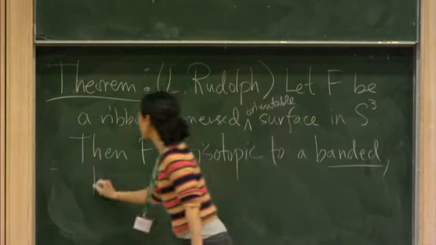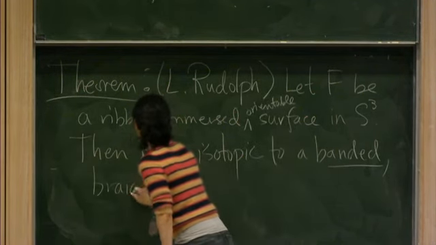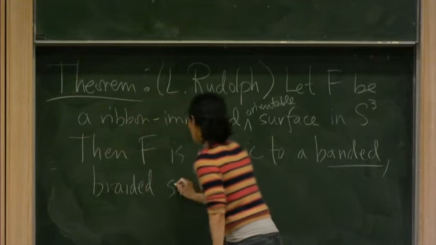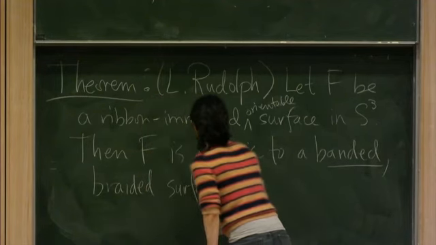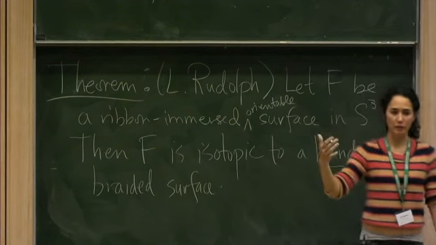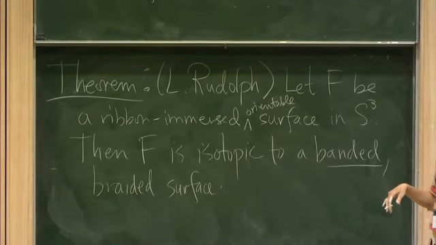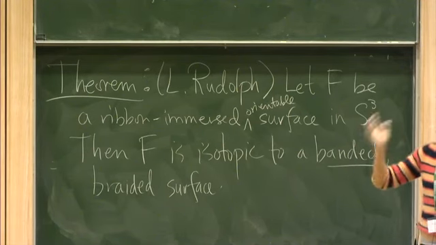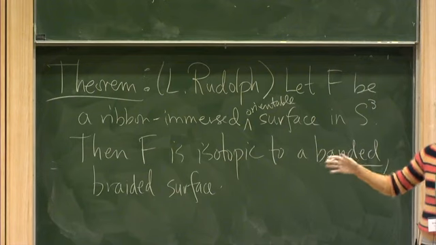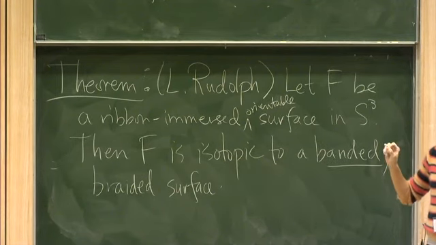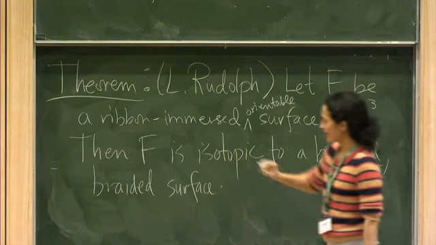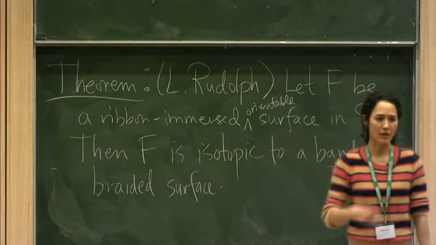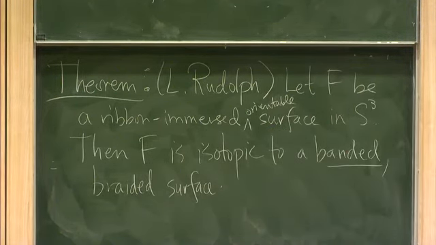By which I mean the obvious ribbon immersed surface that you get by realizing your braid as a closure of these bands and constructing the surface with one disc for each strand of the braid and one band for each Artin generator anchoring one of these components of the band product.